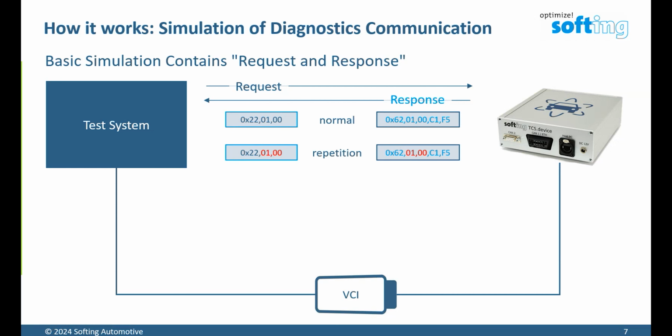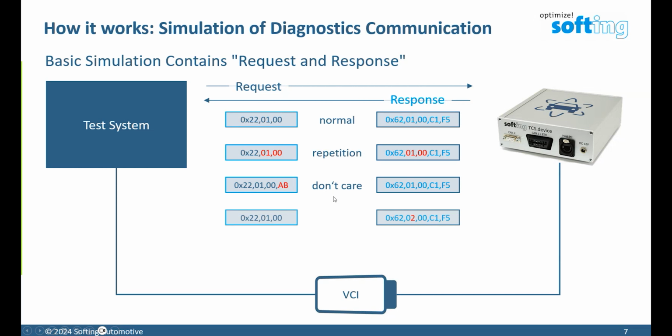Of course, we can have some repetition or things like don't care, which means the request is sent, but no response is awaited. That's also fine. But then, of course, we have a big bunch of errors, for example something is sent and not responded to, but a response is awaited, or there is a timeout.